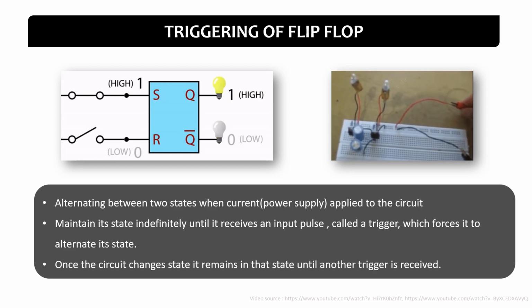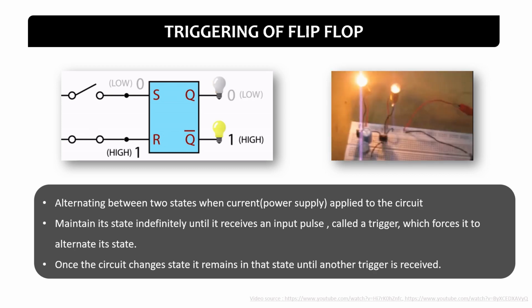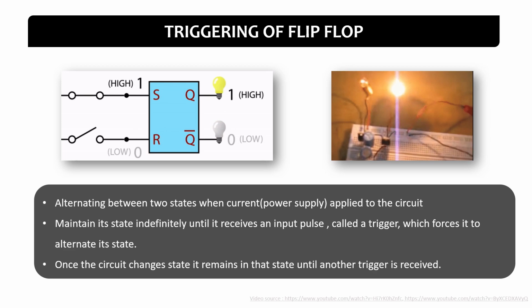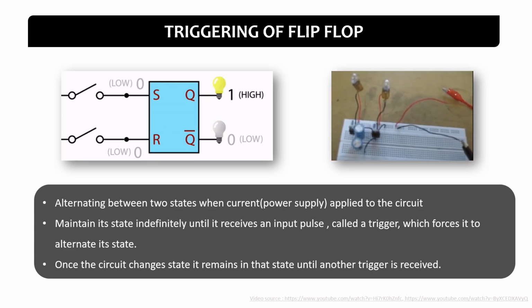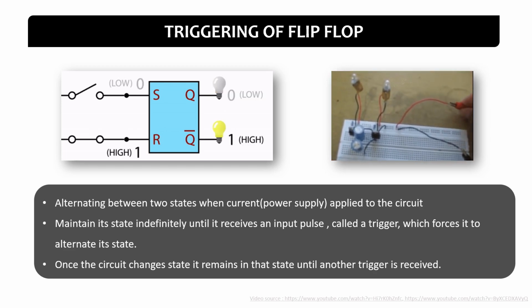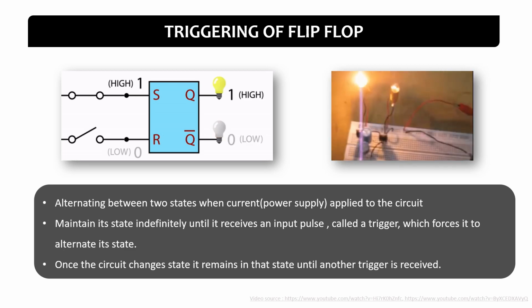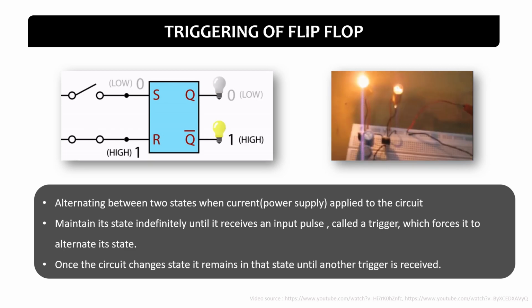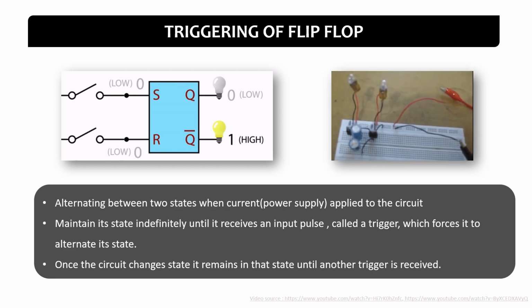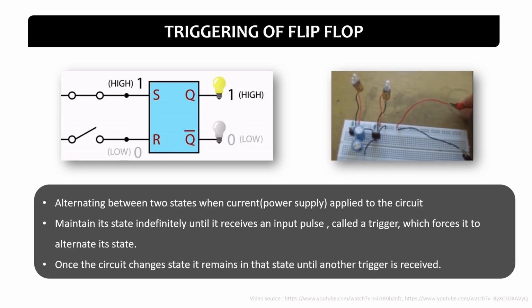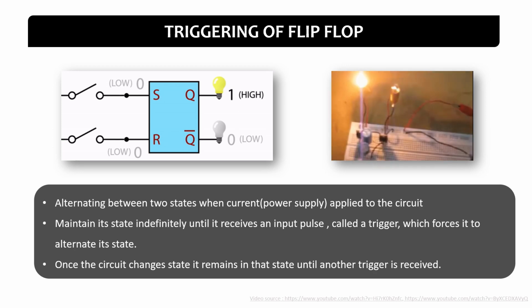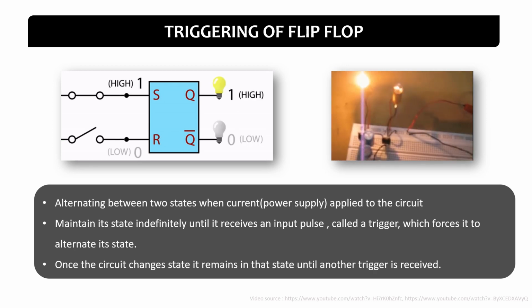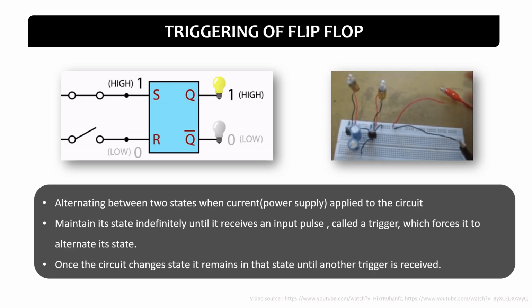Also we have already discussed why we call it a flip-flop, because the name comes from the circuit's nature. As you can see in the animated bulb image, when you apply the power supply, or when you apply a positive or a zero voltage, any voltage, it changes its state, on, off, like that, right?